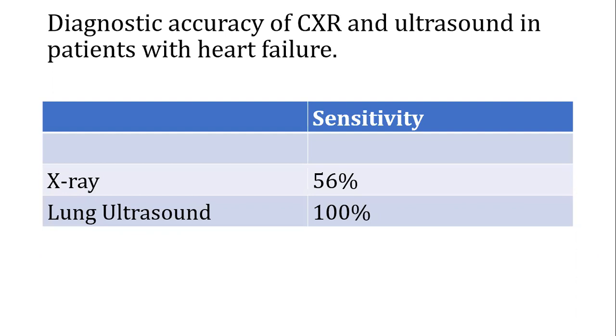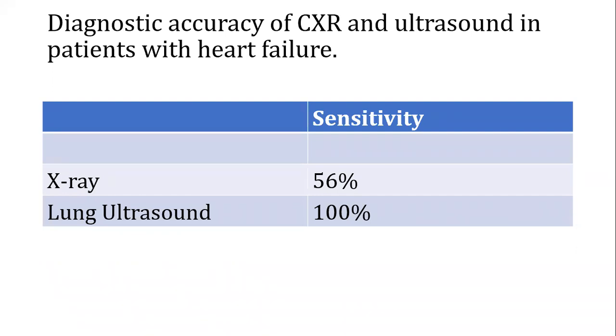But lung ultrasound has 100%. So anyone who knows these statistics, immediately you see that with interstitial syndrome, the chest X-ray is not providing us enough. Thankfully, the CT has given us further information. There is pulmonary edema and there is small effusion.